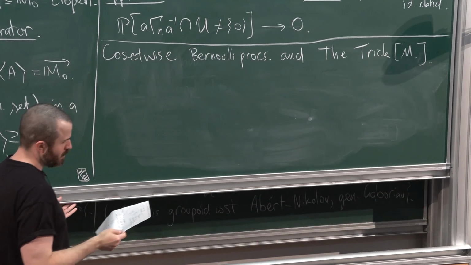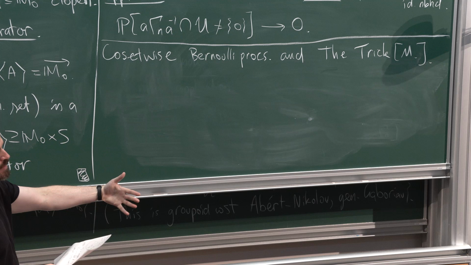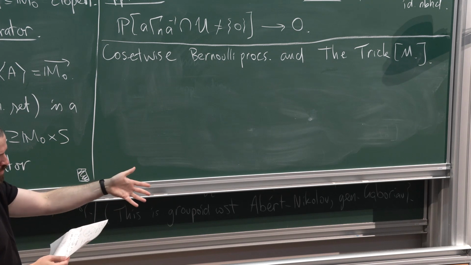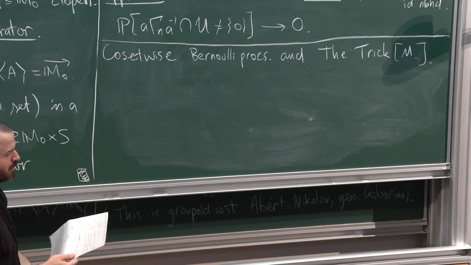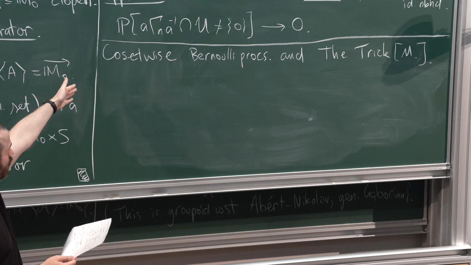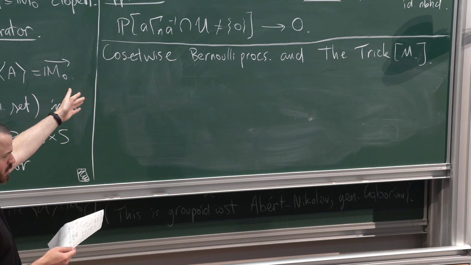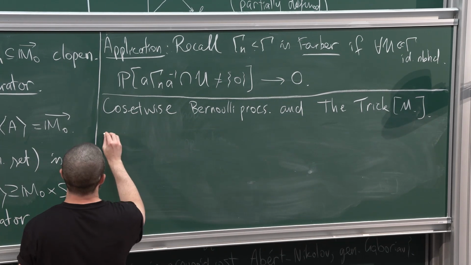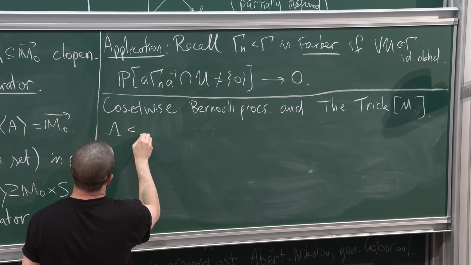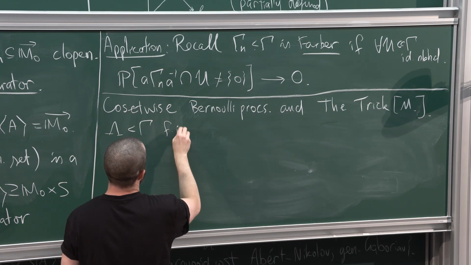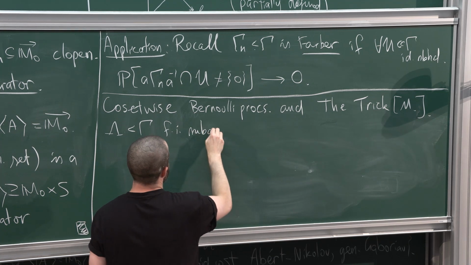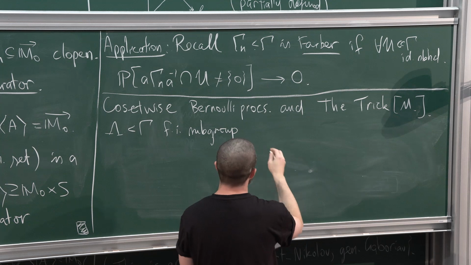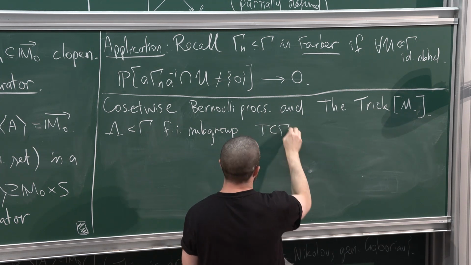We saw that if I had some finite index subgroup, and I pick one coset of it, this is no good. This doesn't work for cost monotonicity. So I'm going to give you this alternative that I'll call coset-wise Bernoulli processes, and you'll see that they do the job for you. The setting here is that I have a finite index subgroup, and I'm going to pick a transversal for this.